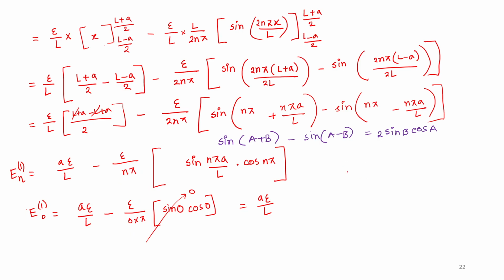So for a particle in a box, n is not equal to 0, n starts from 1, 2, 3 and all, right? So actually I should write undefined, right?